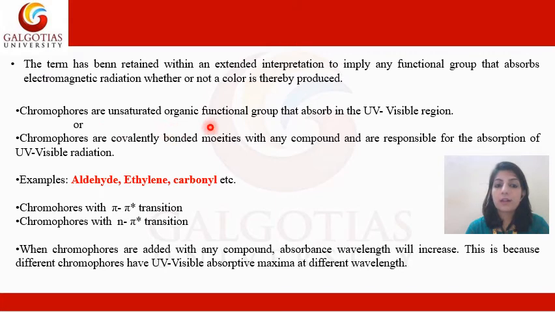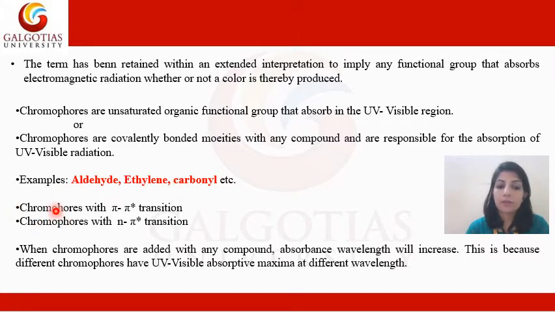Chromophores are unsaturated organic functional groups that absorb in the UV visible region. Chromophores are covalently bonded moieties with any compound and are responsible for the absorption of UV visible radiation. Examples are your aldehyde, ethylene and carbonyl groups.